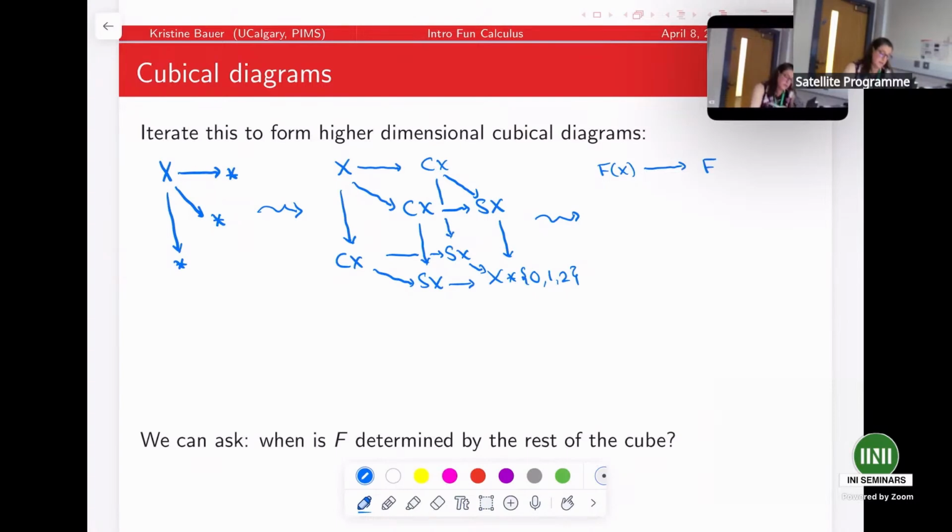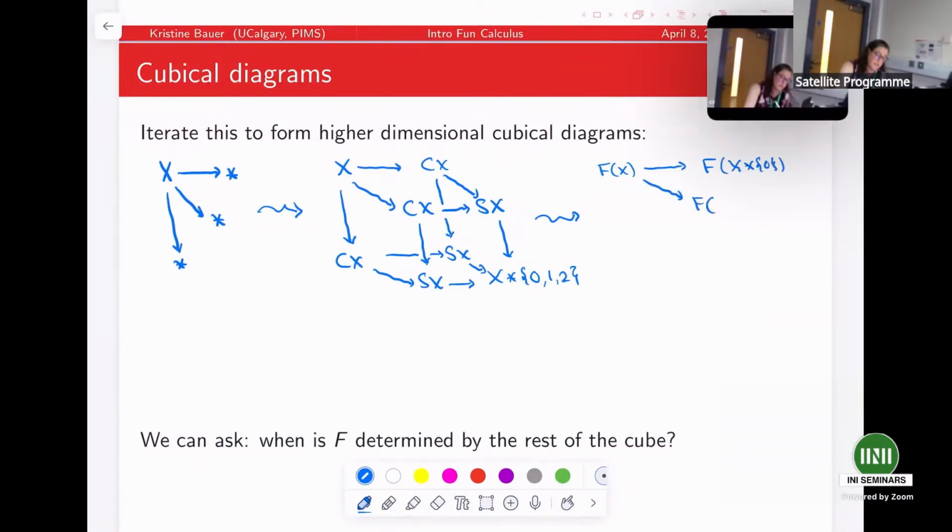All right, so just to make it a little bit more clear how I'm going to set this up, let's notice that my cone on x is the join with 1 point, which I'll call 0. My cone on x here is also the join with 1 point, but I'm going to give it a different name.